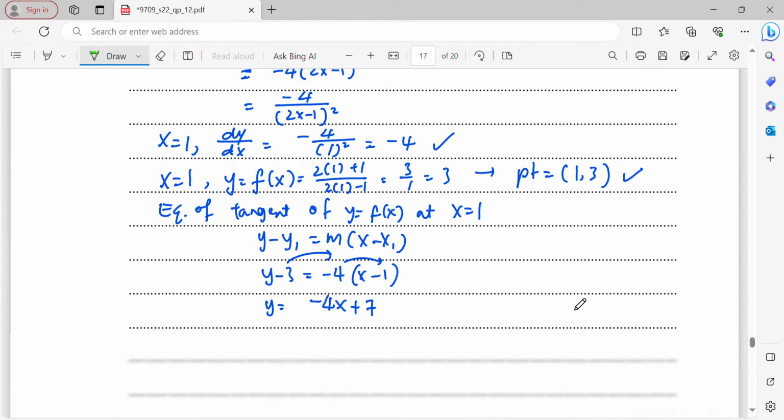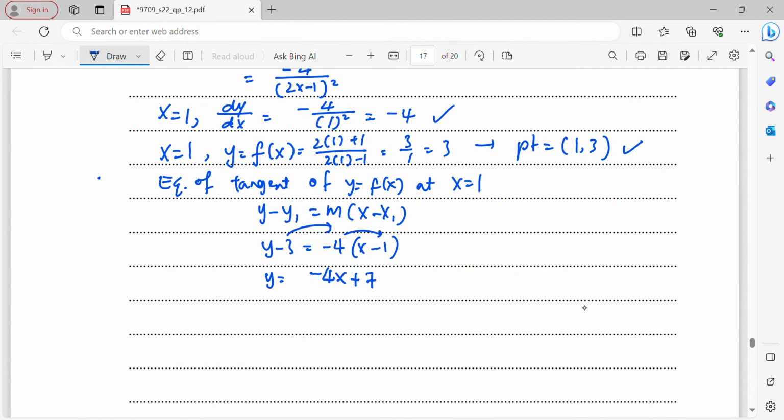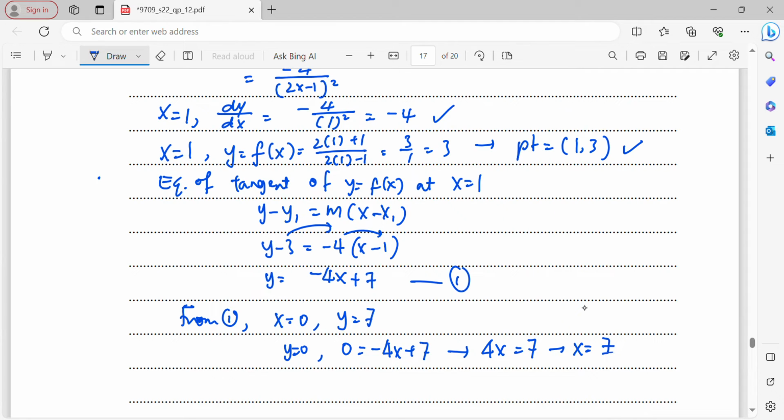So for this line, when the x equals to 0, my y is 7. When my y equals to 0, right, 0 is negative 4x plus 7, which means 4x equals to 7, or x equals to 7 over 4.